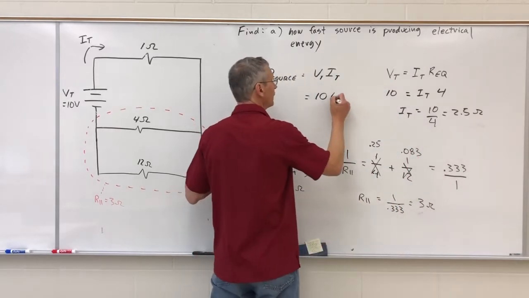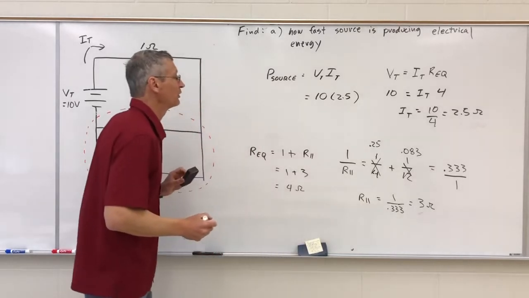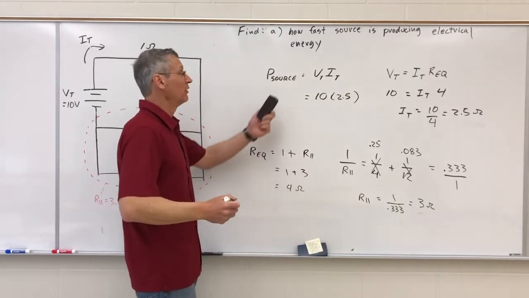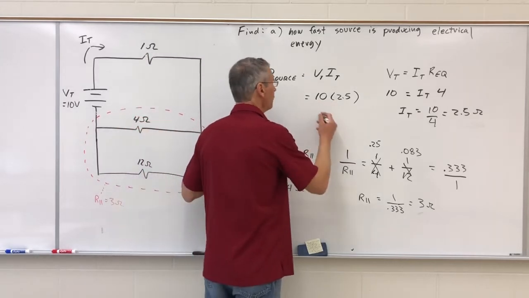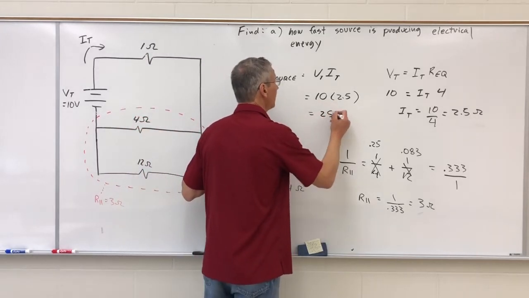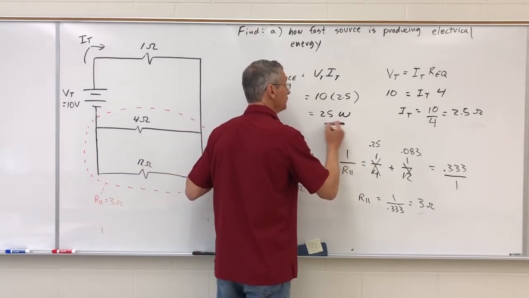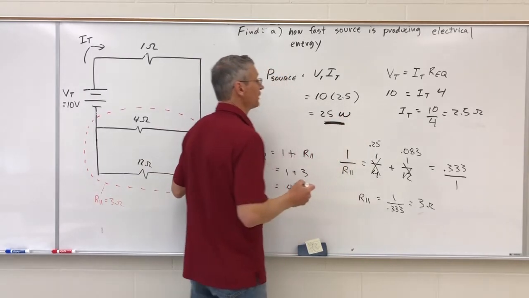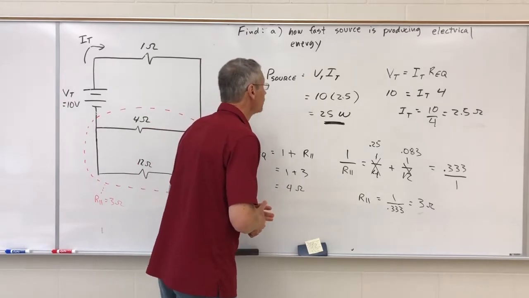So our current is 2.5 amps. Now we know the power of the source, how fast the source is producing electrical energy. 10 times 2.5, which is going to be 25. And don't forget, power is measured in watts, which is the same as joules per second. All right, good enough.